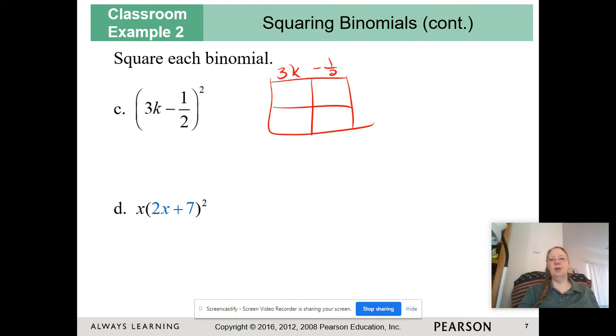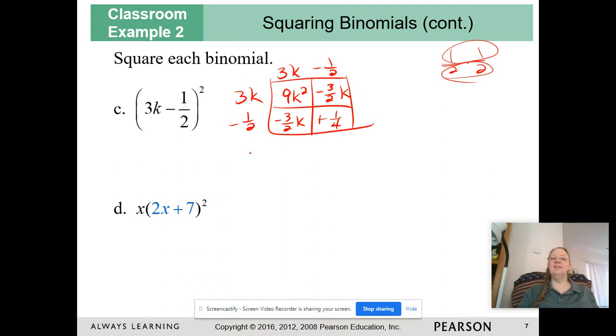3k minus 1/2. So 9k squared. Remember, when we multiply a whole number times a fraction, we divide by the bottom, multiply the top. So we end up with negative 3 halves k, another negative 3 halves k. Fraction times a fraction, we multiply the tops, we multiply the bottoms.